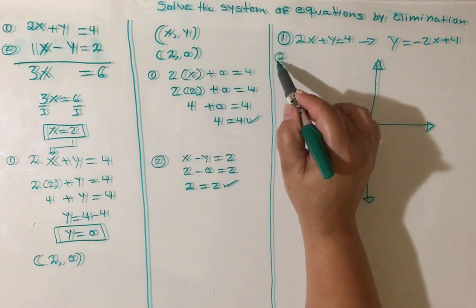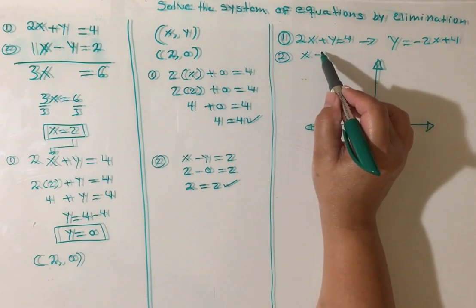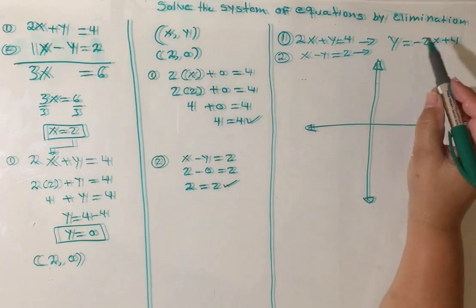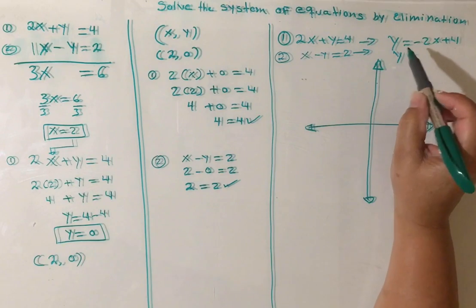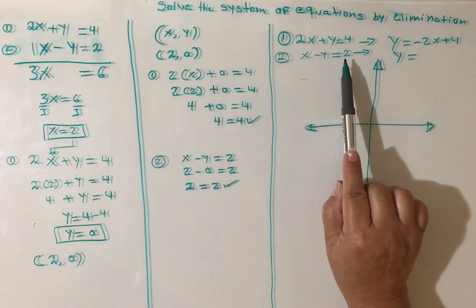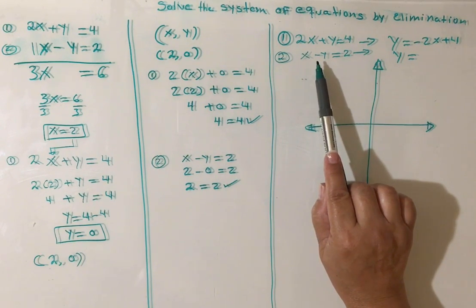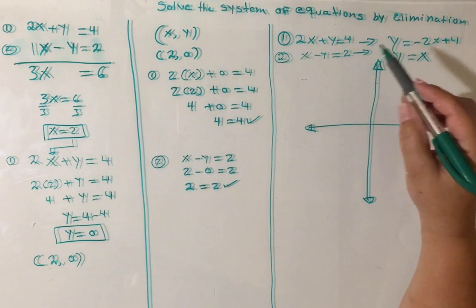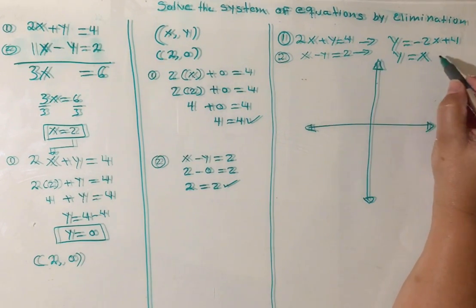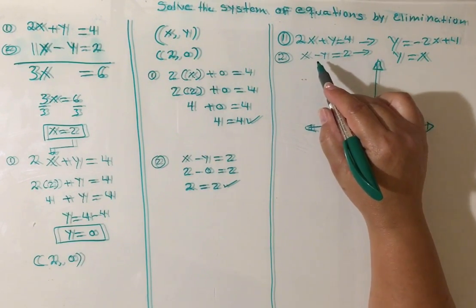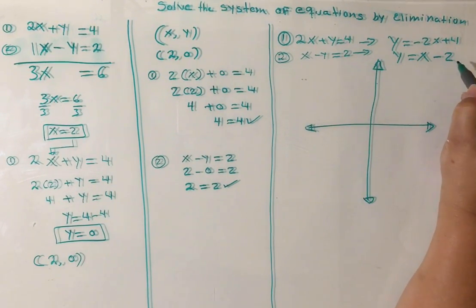And the second equation is x minus y equals 2. This is the same thing as having y equals, remember, you're going to send this x to the other side as negative, so it's going to be negative x, but it's going to divide by this negative, so then you're going to end up with a positive x. So this will be x, and then the value of 2 is positive right now, but it's going to divide by negative, so it's going to become negative 2.